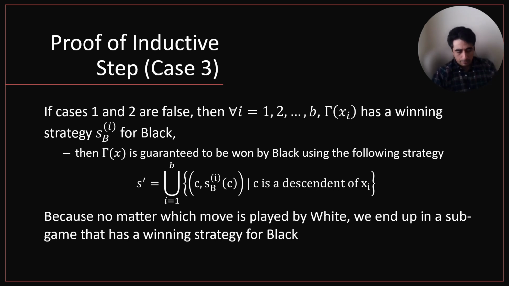That will imply that for every child of x, xi, the subgame xi has a winning strategy for black, because of the inductive hypothesis, that every subgame is determined. So if you don't have a winning strategy for white, or a strategy for a draw, therefore you should have a strategy for a win by the side of black.